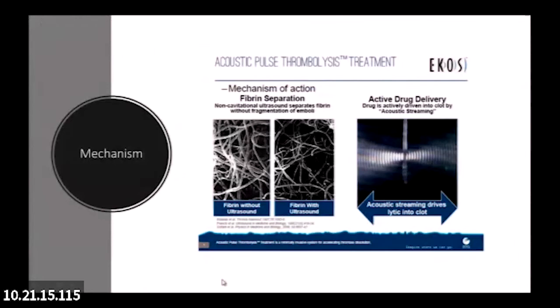You can see on the left side here, that's without ultrasound, and this is with ultrasound. So the fibrin is loosened with ultrasound, and then it allows the TPA to go into the fibrins to degrade them and achieve reperfusion.